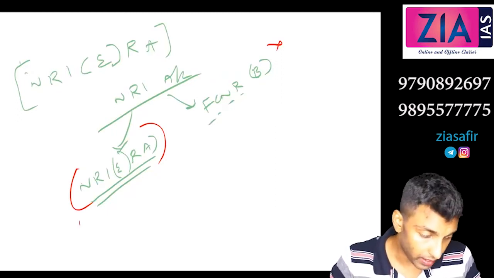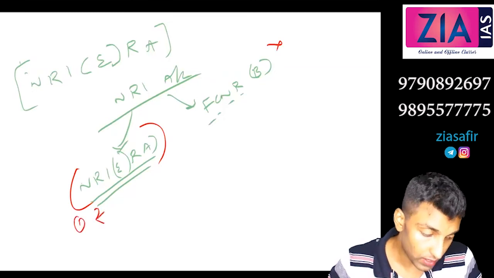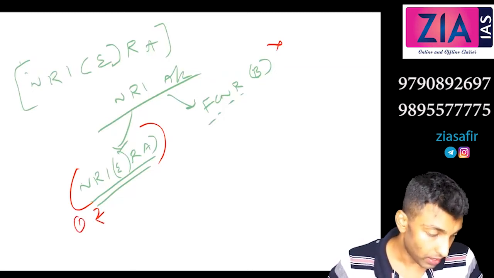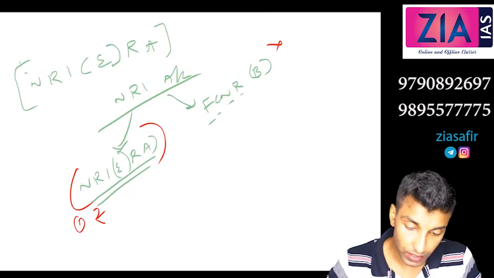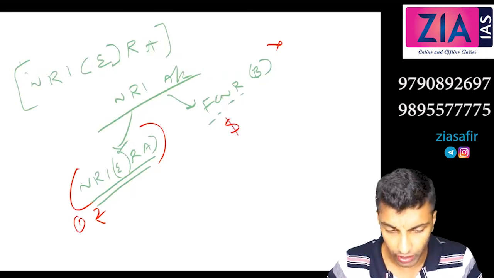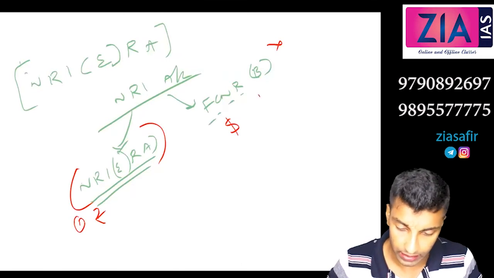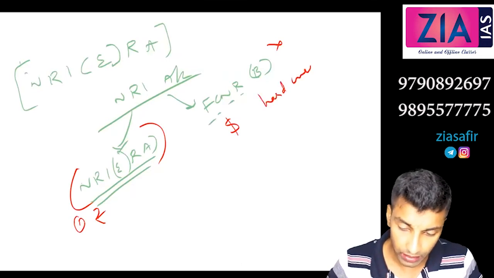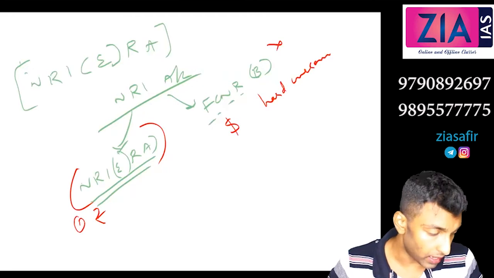Let's deviate from here. The first account is maintained in rupees. The second account is maintained in hard currencies like dollar, pound, any hard currencies. So here you can write, these are maintained in hard currencies.